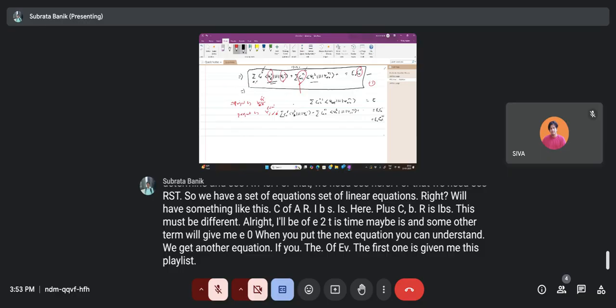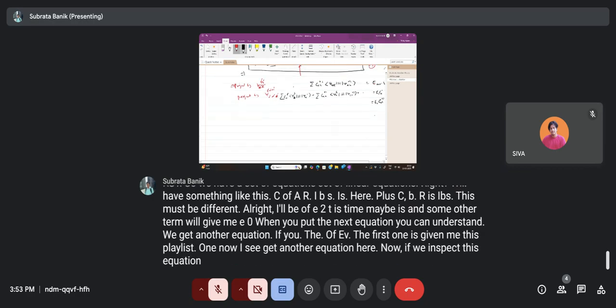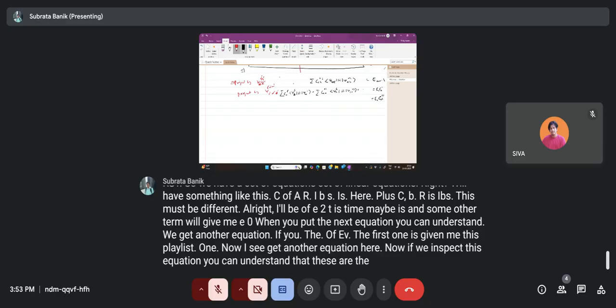Now you see we get another equation here. Now if you inspect this equation, you can understand that these are the set of linear equations, right?